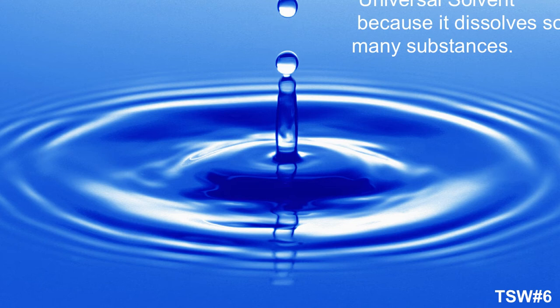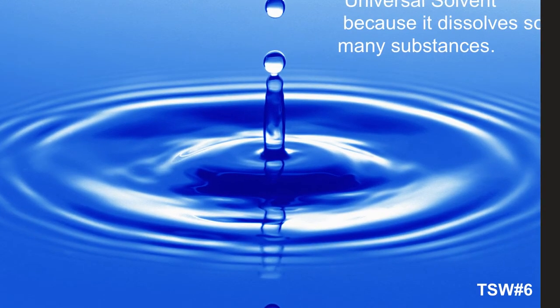Water is often called the universal solvent because it dissolves many substances, especially ones that are polar. It is responsible for a lot of your bodily functions and being able to live and function properly. So water is called the universal solvent, okay?